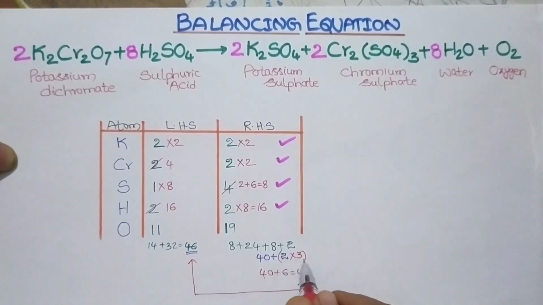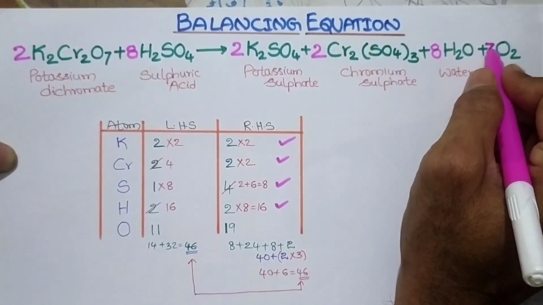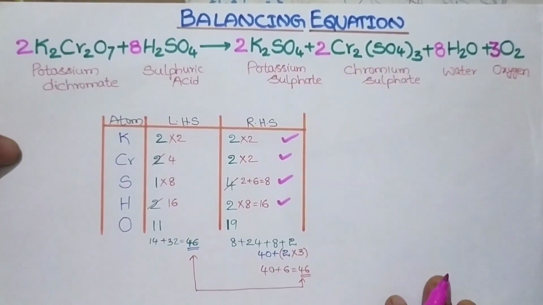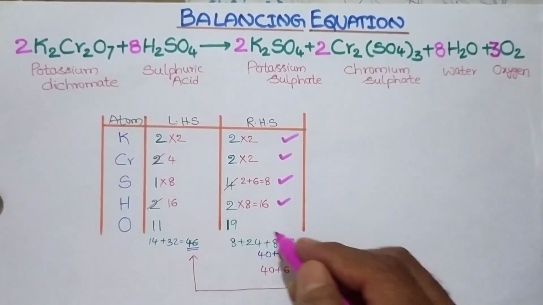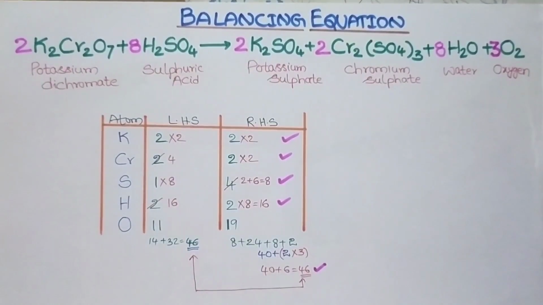So here the last 2 should be multiplied by 3. Let us do the same. Last 2 I am multiplying with 3. So that you can check everything here. So now oxygen also gets balanced. Now this is the balanced chemical equation.